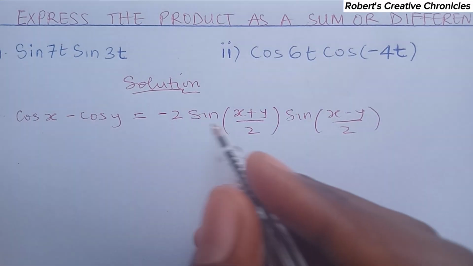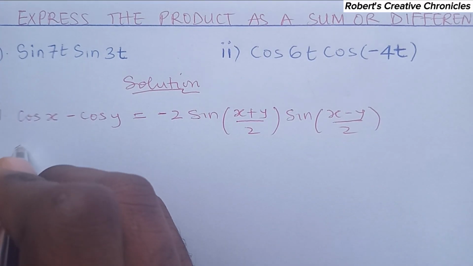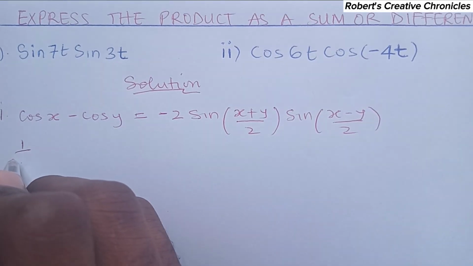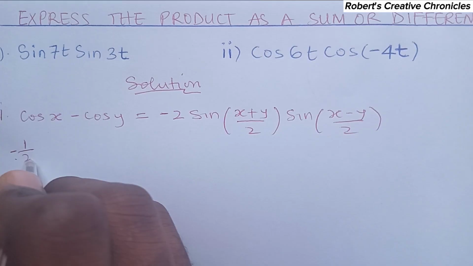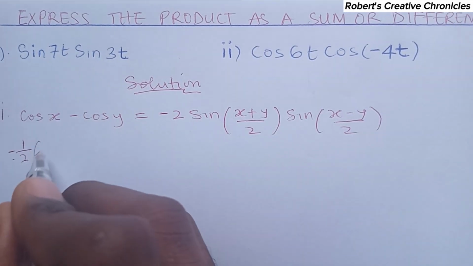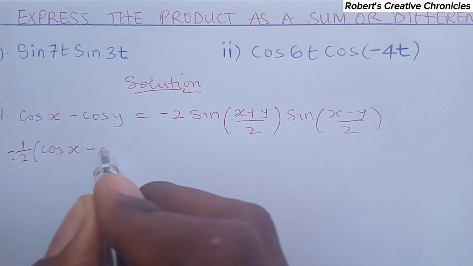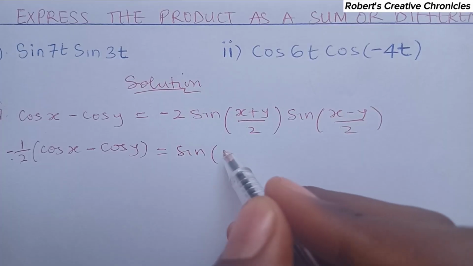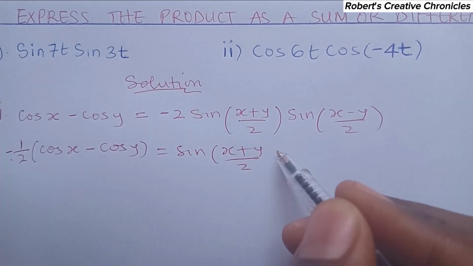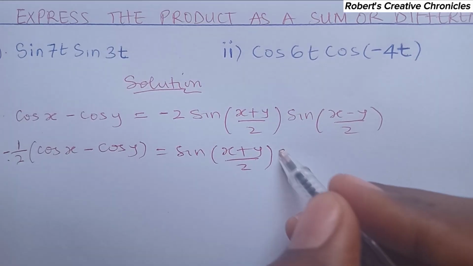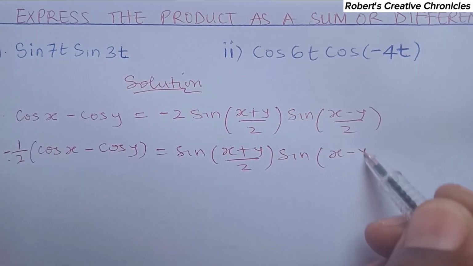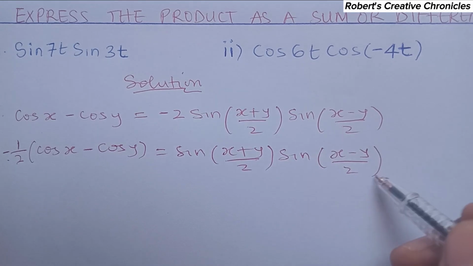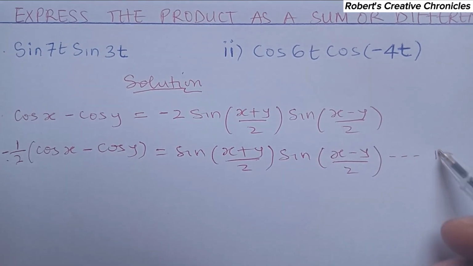So now we will rearrange this. This becomes 1 over this, minus 1 over 2 (cos x minus cos y) equals sin (x plus y)/2 sin (x minus y)/2. Now this is our equation 1.